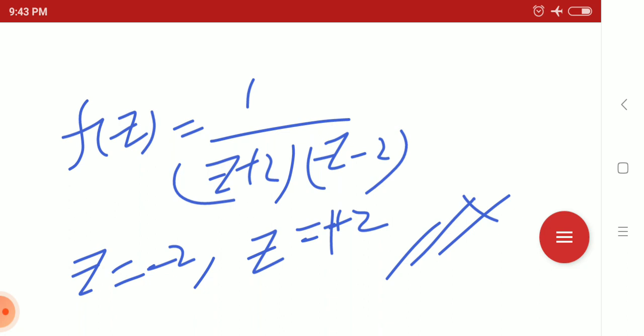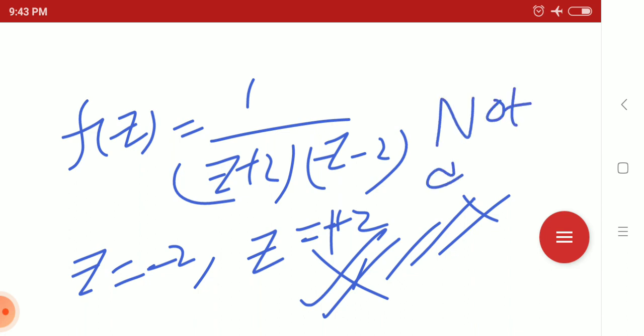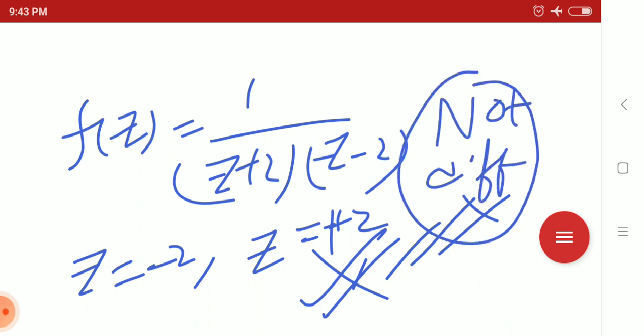It is not defined, so it is discontinuous. That means it is not differentiable at z equals plus 2 and z equals minus 2.